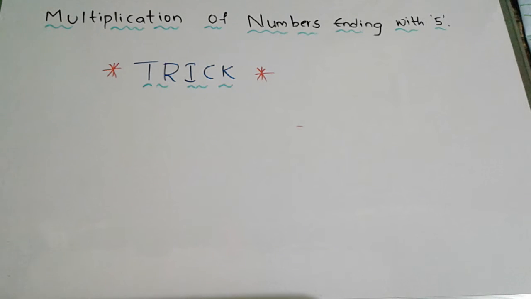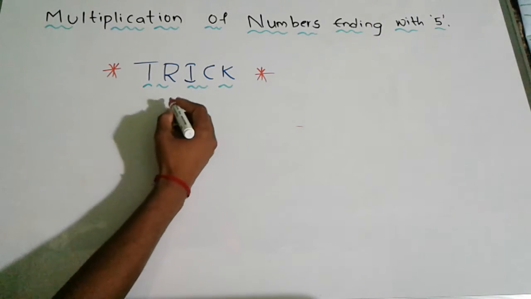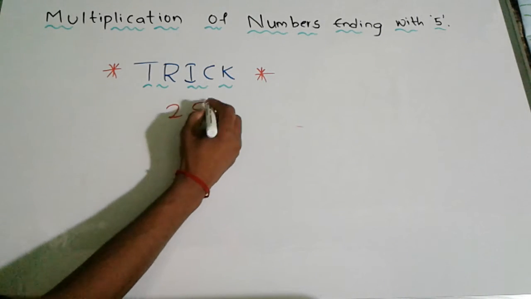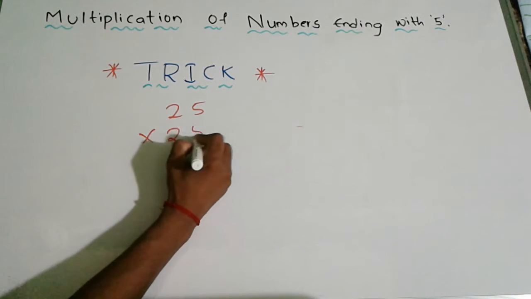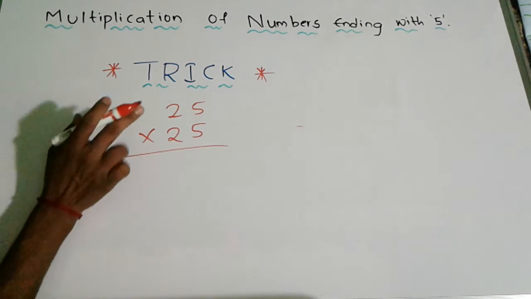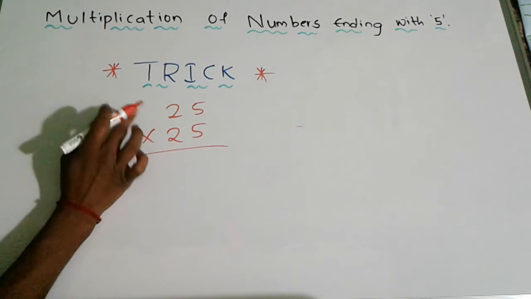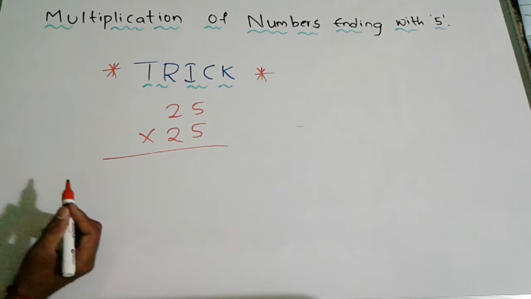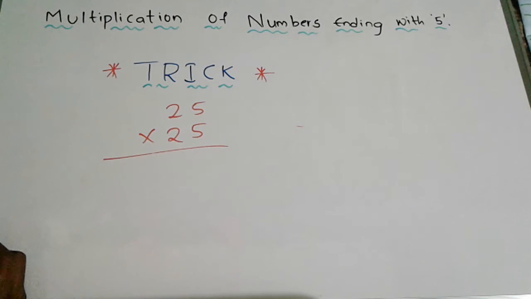And I'm going to explain the third trick. This is the final trick. 25 multiplied with 25. Here the two numbers must be similar and end with 5.